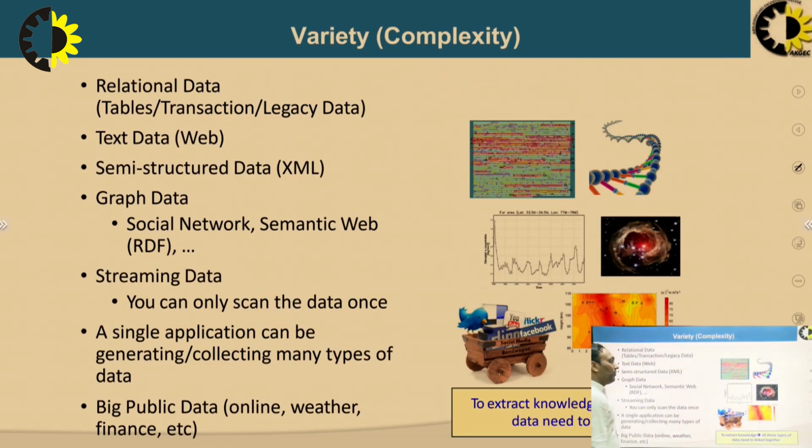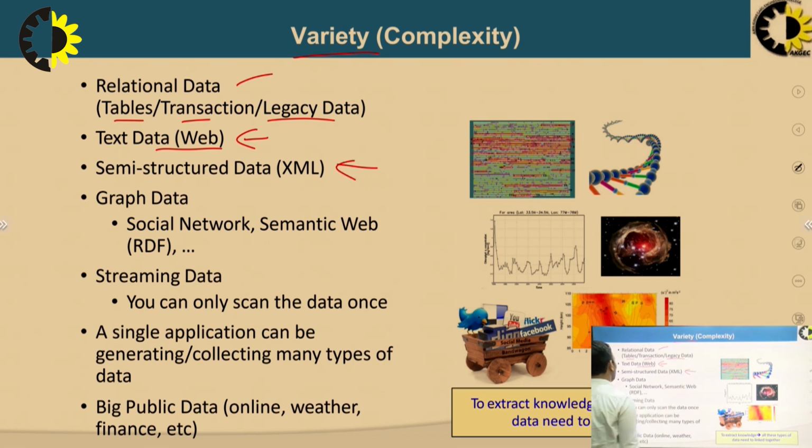And the variety: what type of data is available over the cloud? These are the varieties. Relational data in tabular form, as we maintain in a database. If we talk about the data of a bank, that is in the form of tables, transactions, legacy data. Text data, as when we search for any data over the web.